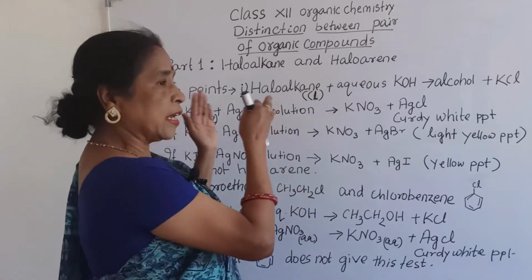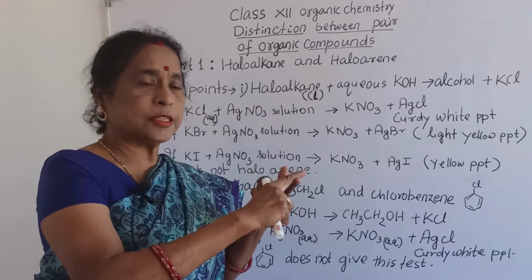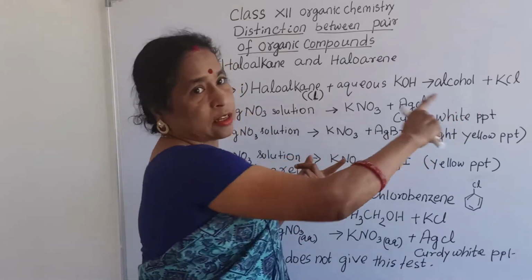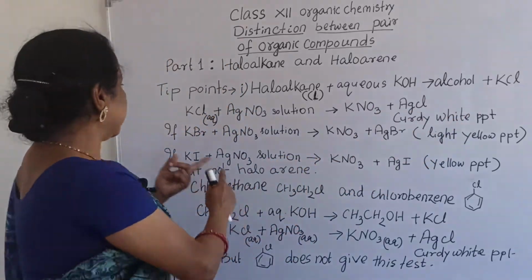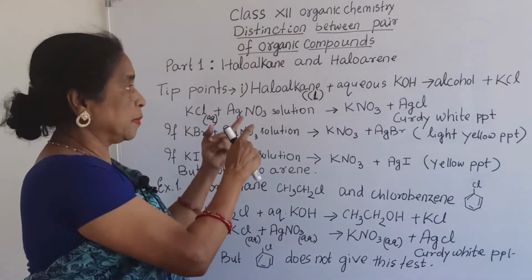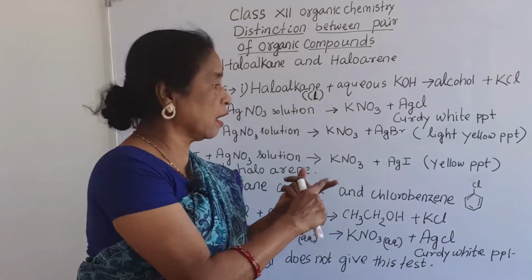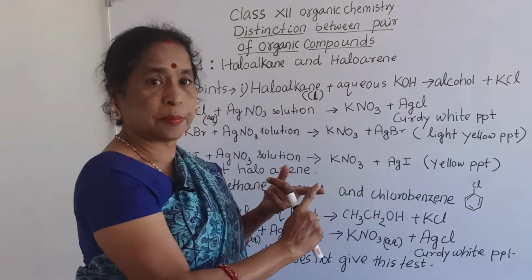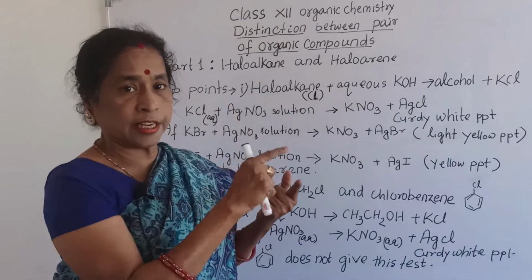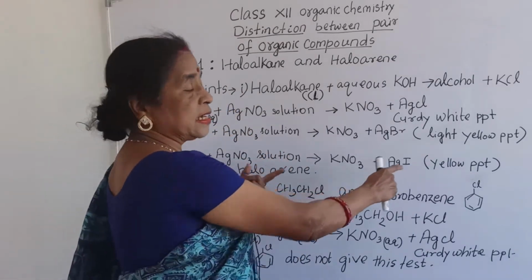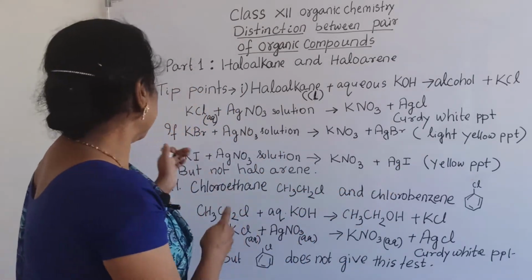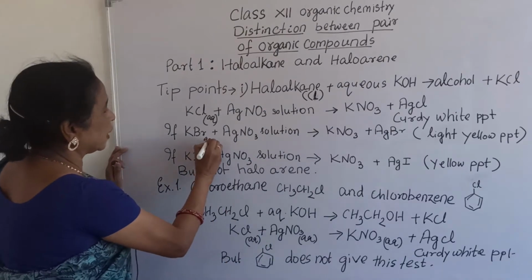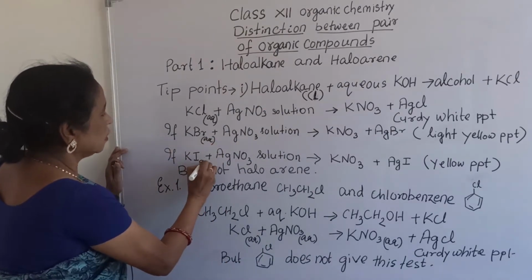Now you see, in haloalkane, if chlorine is present, you will get a curdy white precipitate. If it is KBr, that means the haloalkane contains Br, then it gives a light yellow precipitate. If it contains iodine, then it gives AgI, a yellow precipitate. Everywhere you can write aq because it is in solution form.